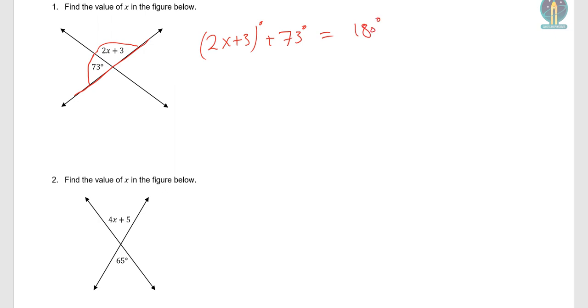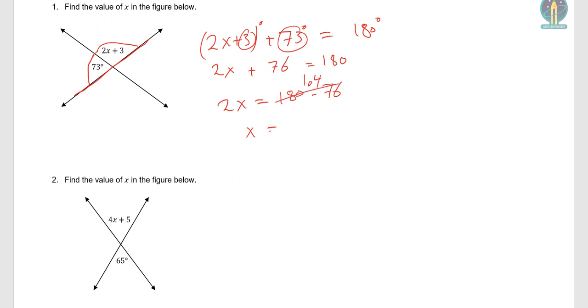So now we can say 2x plus 76 equals 180, right? I just added this 3 with 73. Again, just combining like terms. And then I have 2x equals 180 minus 76, which is 104.